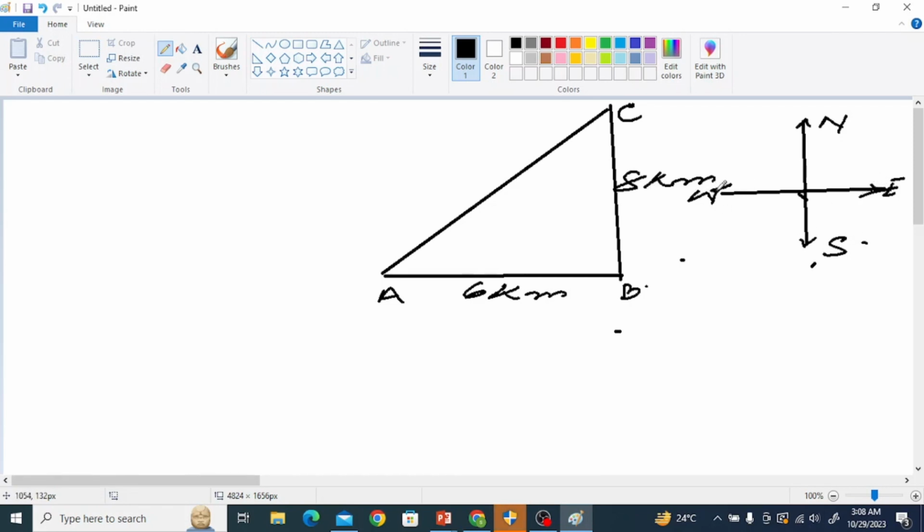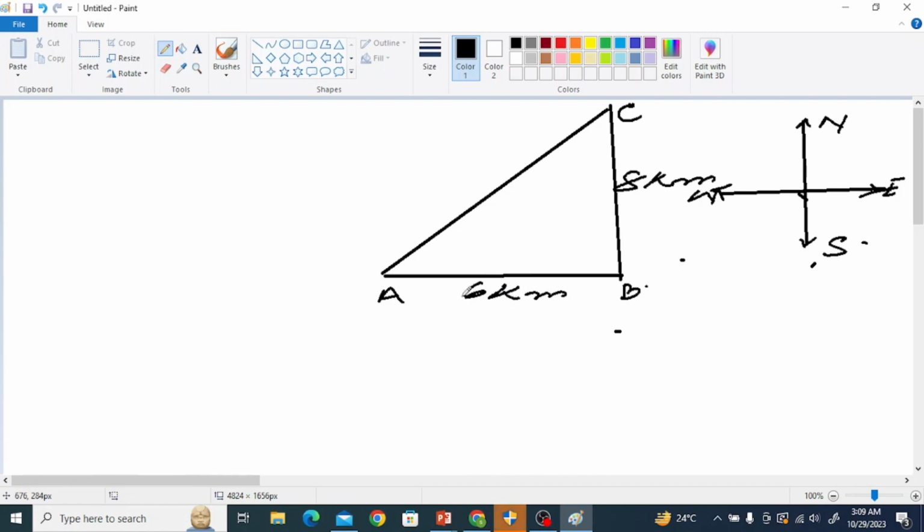According to the given question, the cyclist first traveled 6 km due east. So you can see that I have drawn the first line from A to B of 6 centimeter with the selected scale of 1 kilometer equals 1 centimeter.